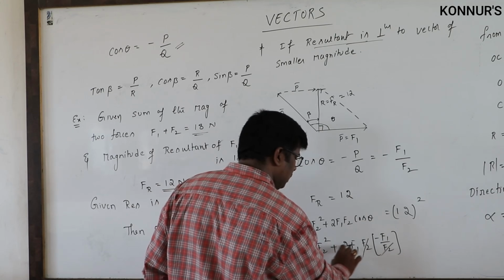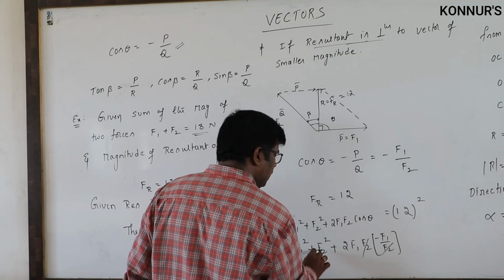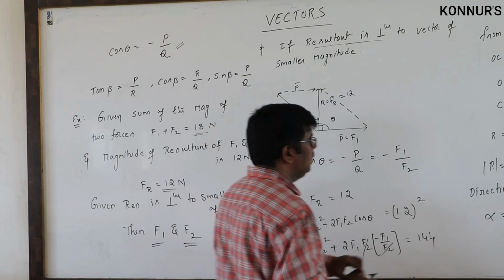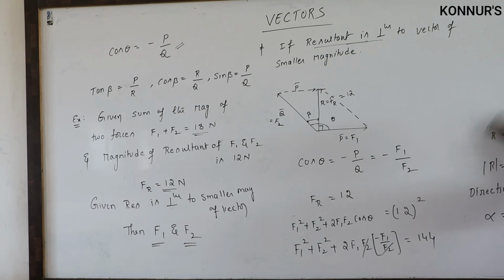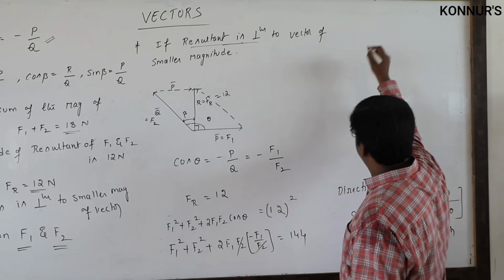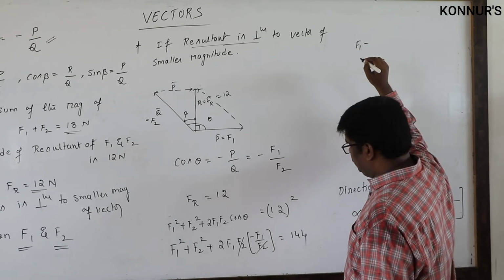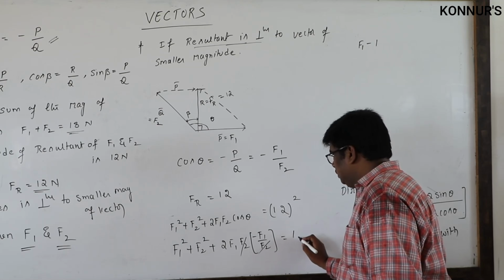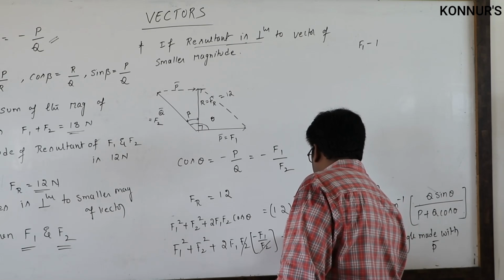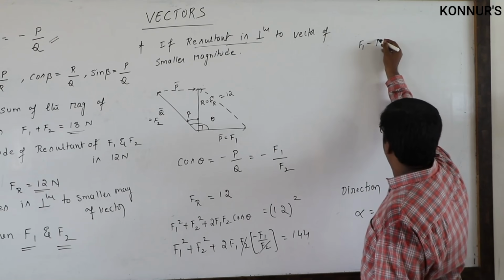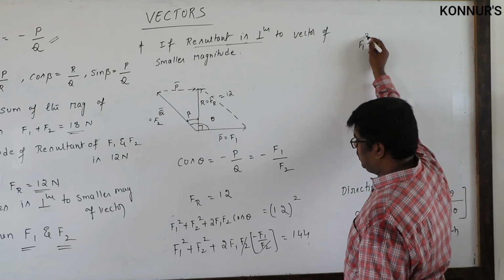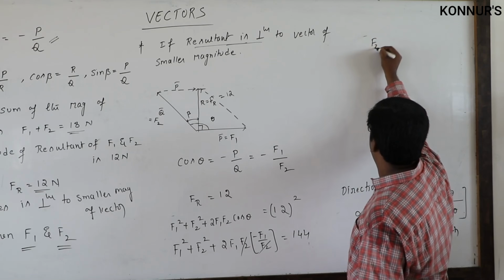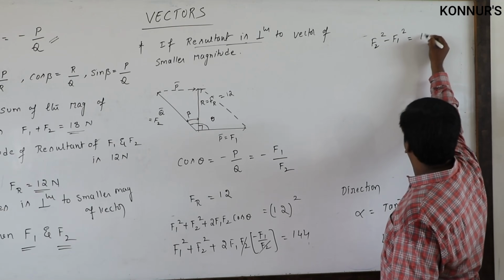F1 square minus 2 F1 square, so F2 square minus F1 square is equal to 144.